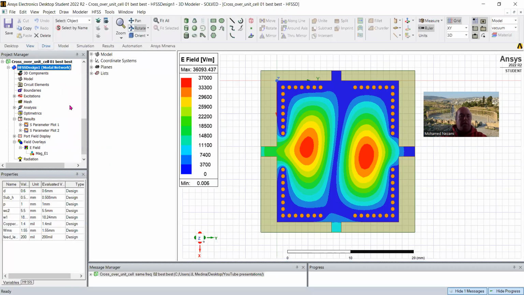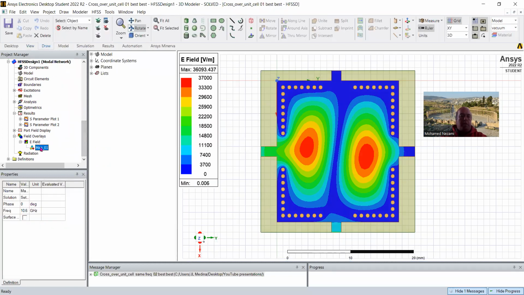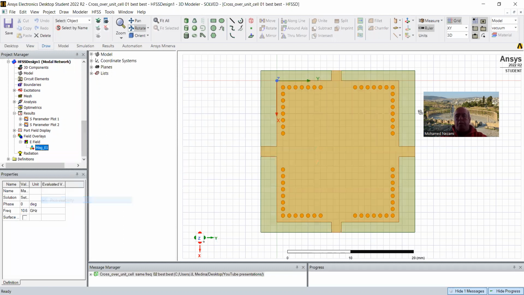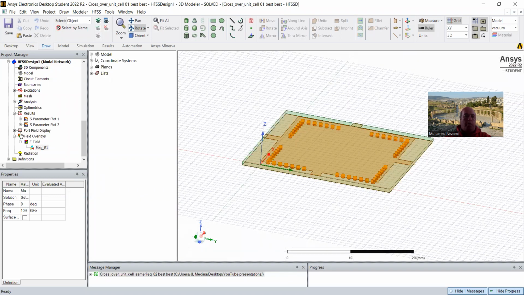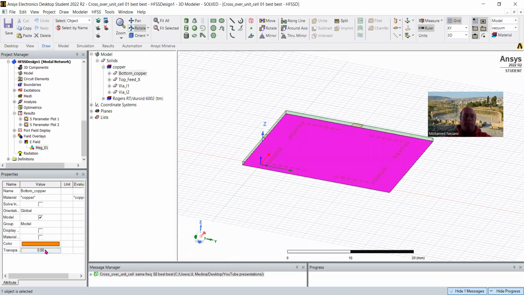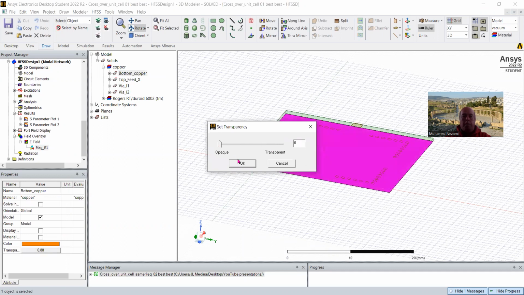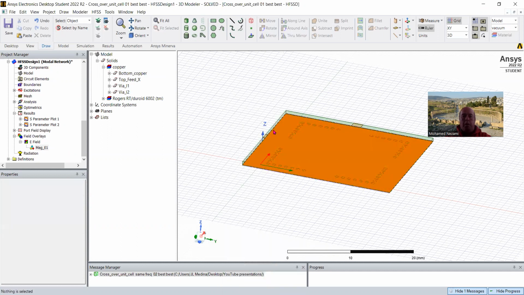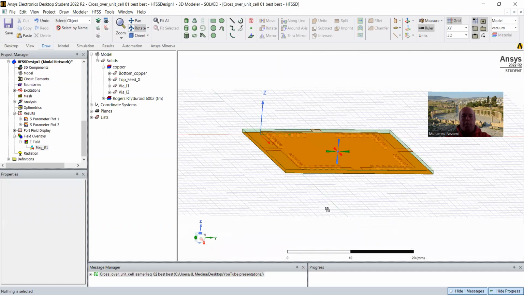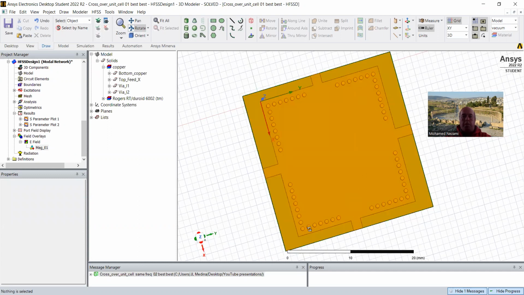Okay, this guy here. Let's get rid of the E field for right now. So this is the substrate that we have right now. Basically the bottom is all copper. We've got the placement of these vias all around, based on the equations.